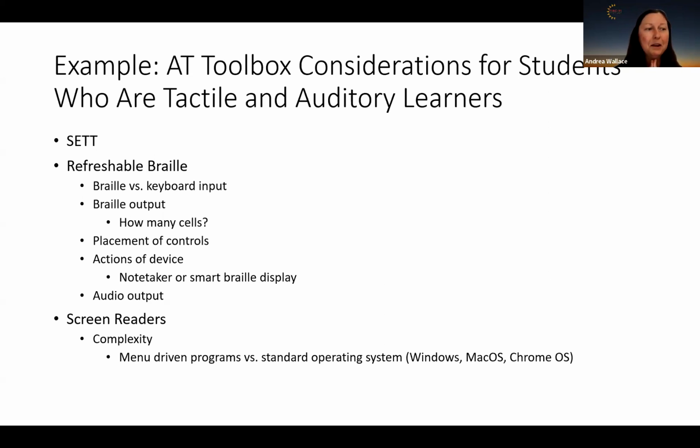All right, another example. These are examples of considerations for students who are tactile and auditory learners, of what we should be thinking about for their AAT toolbox. So, back to that 5th grade student. We have a 5th grade student now who is a Braille reader, with 2 classes, transitioning to middle school next year.